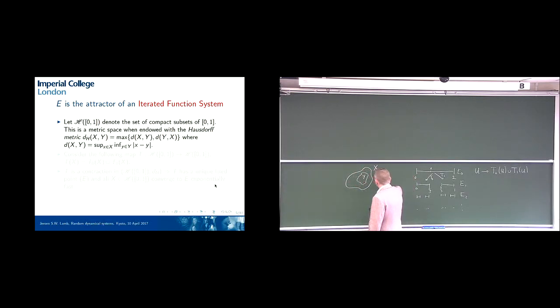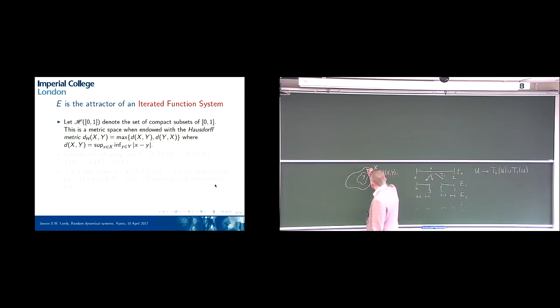So what is now the d? The d is y. You take the difference of points between x and y, so you take any pair of points, and you look at this distance, and you look at the infimum over all y given a certain point x.